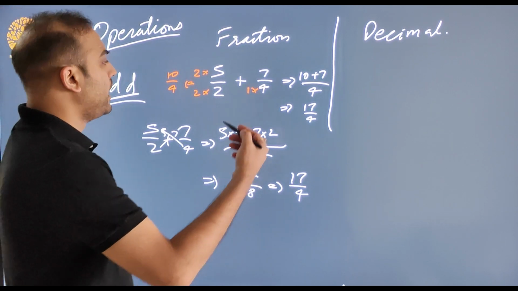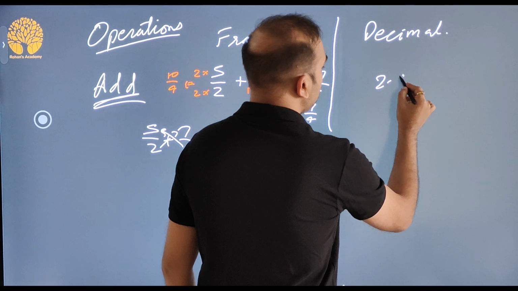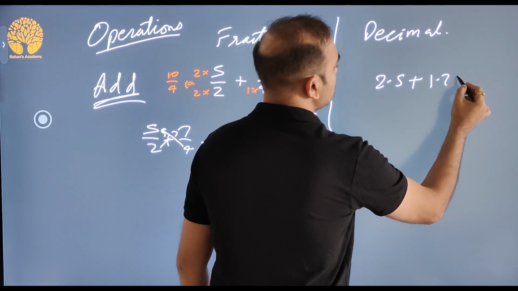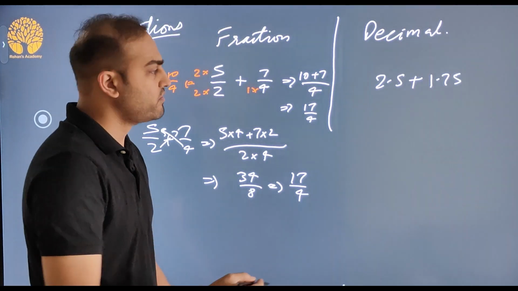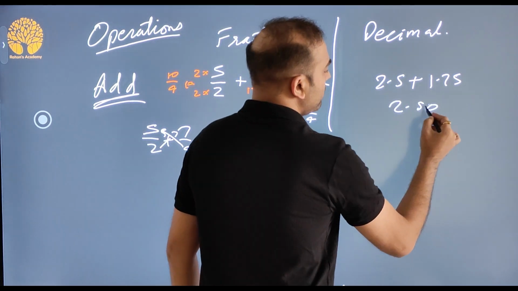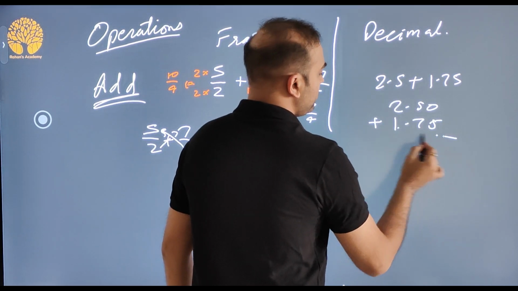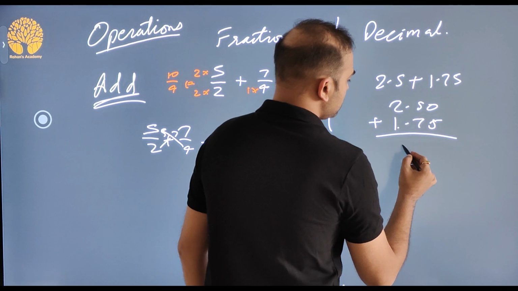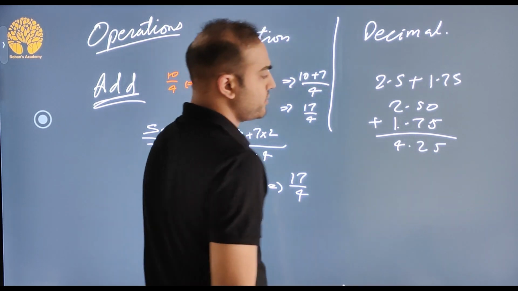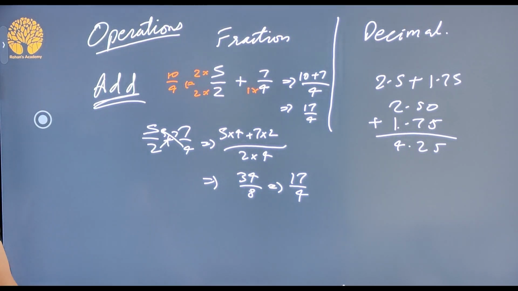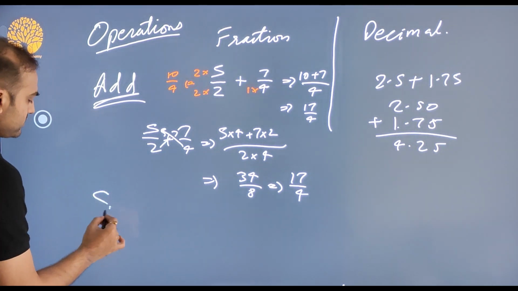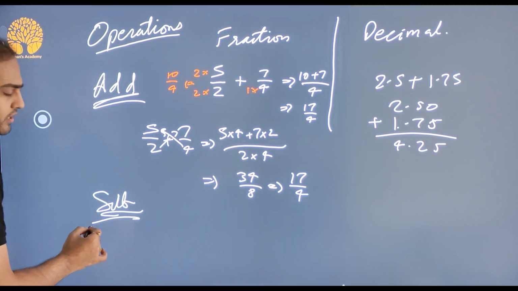All right, and for decimals, I hope all of us know this. If you have two decimals, you just make a 0, plus 1.75, that becomes 4.25, right? Now the way addition goes, subtraction works the same way.